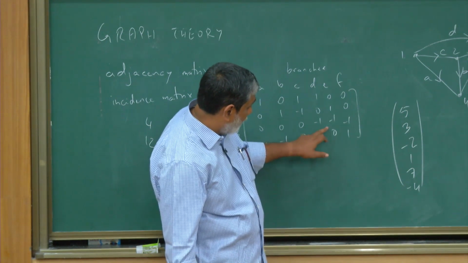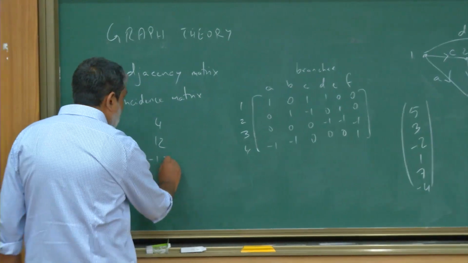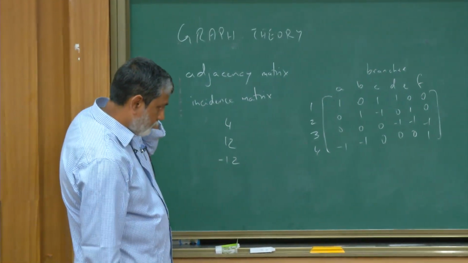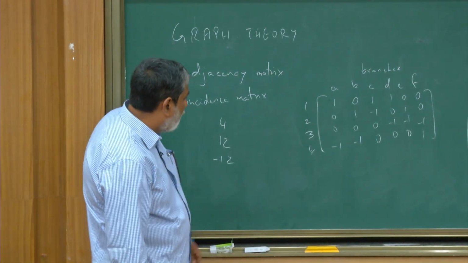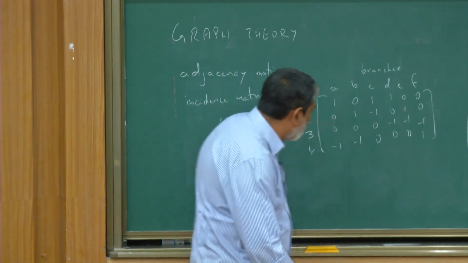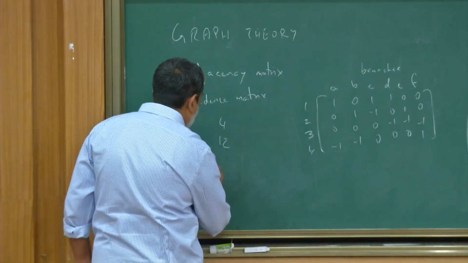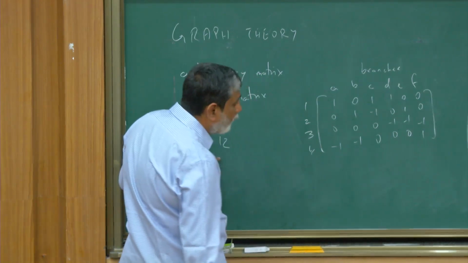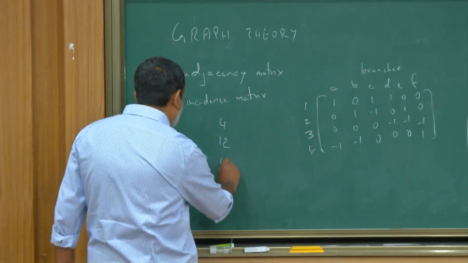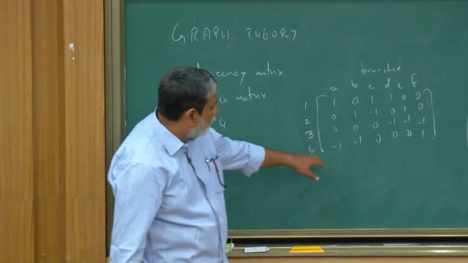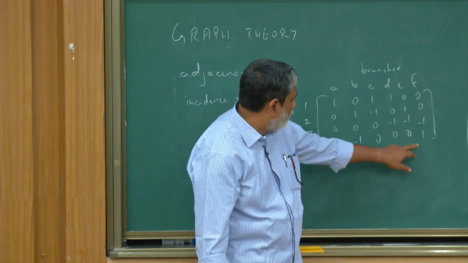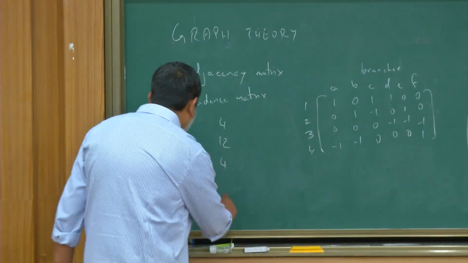So 5 and 7, 12, but with a minus. Oh, sorry, that was minus already, so that's 4. So this is going to be 8 minus 4, so 4.